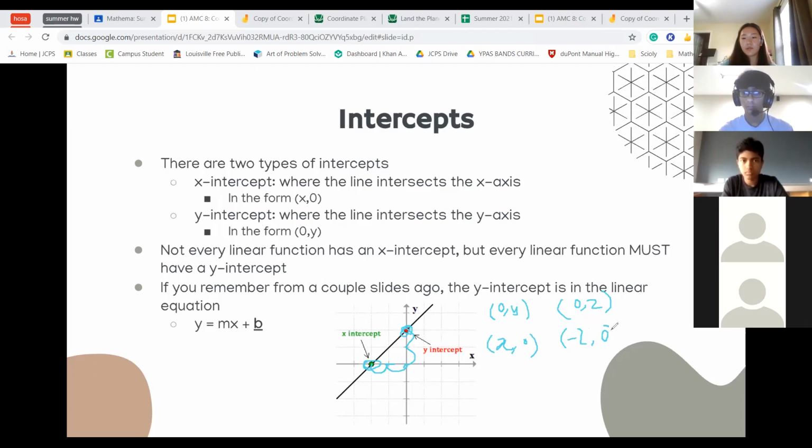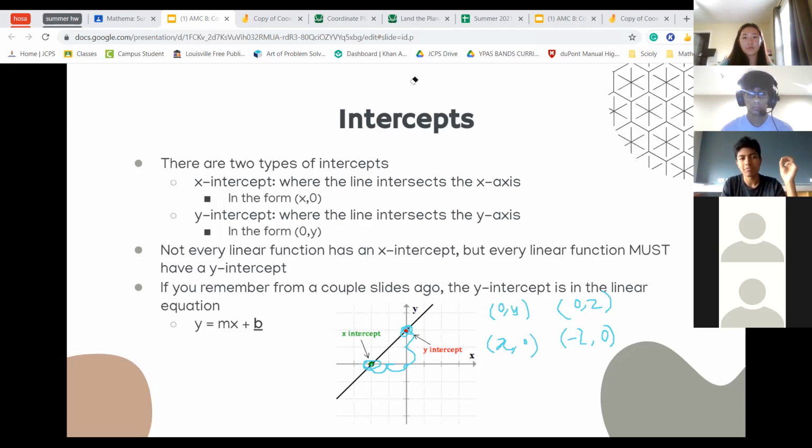If you have any questions, right now would be a good time to ask. Someone asked: in the formula, which one is the x-intercept and which one's the y-intercept? In the formula, you don't need the x-intercept. You only need the y-intercept.